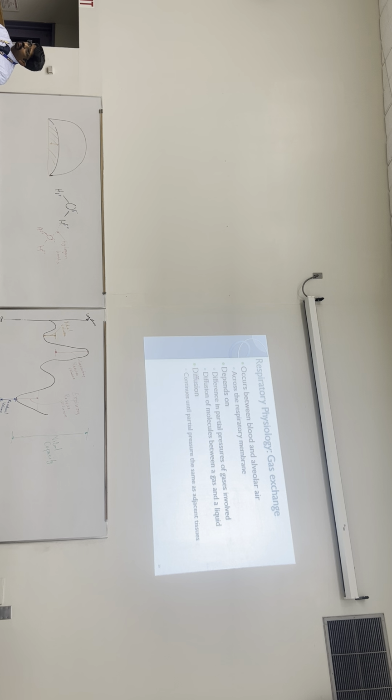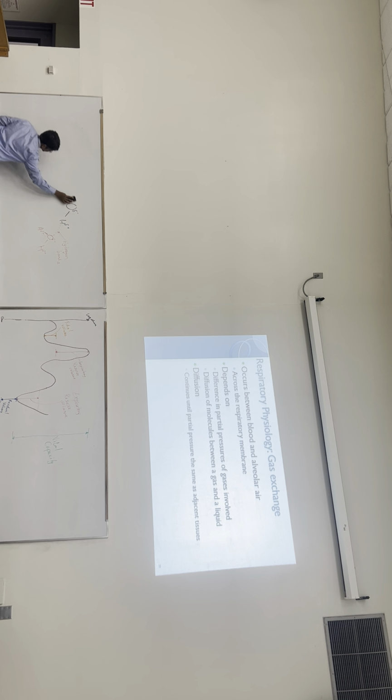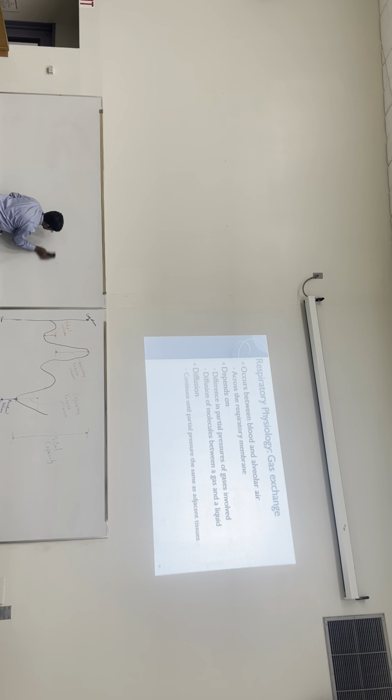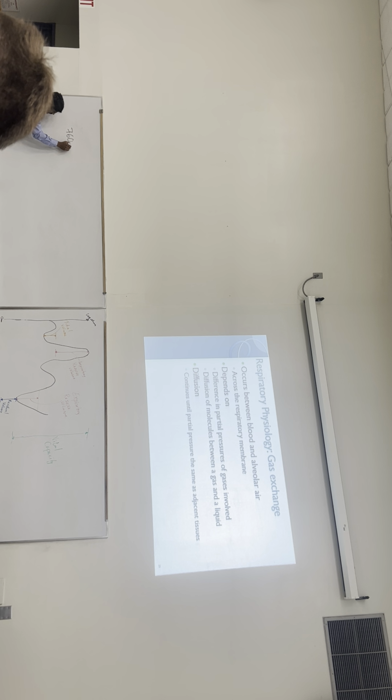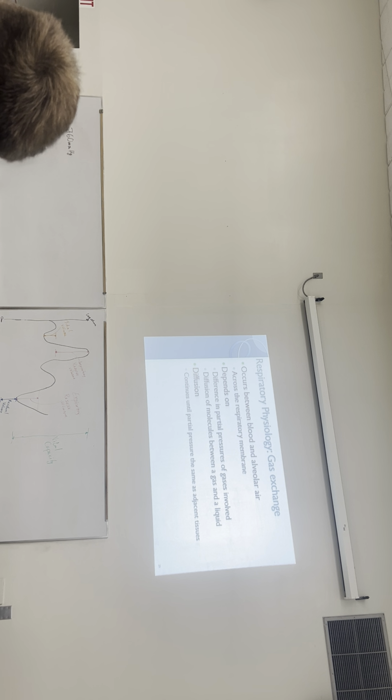What's the atmospheric pressure at sea level? 760 millimeters of mercury. We're going to talk about partial pressures in this case. So at sea level, atmospheric pressure is 760 millimeters of mercury.